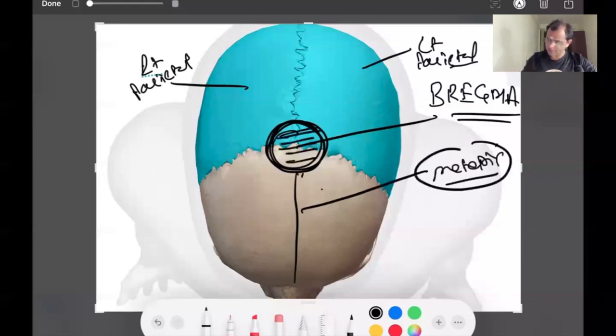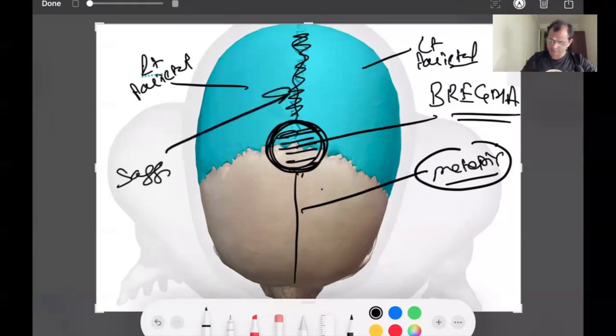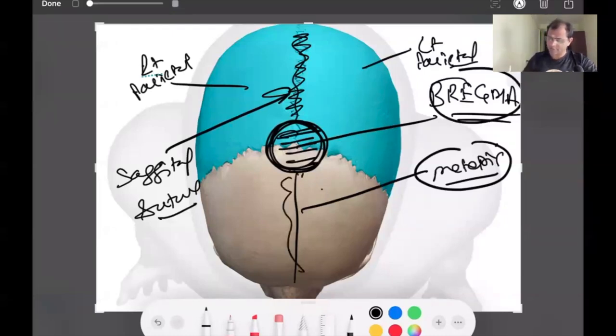One is the bregma. Then in between we are having this structure. The name of the structure is sagittal suture. Please remember this structure because I will tell you the technique of metopic suture, the technique of bregma, the technique of this sagittal suture, and with the help of this technique, we will be working on the superior sagittal sinus.